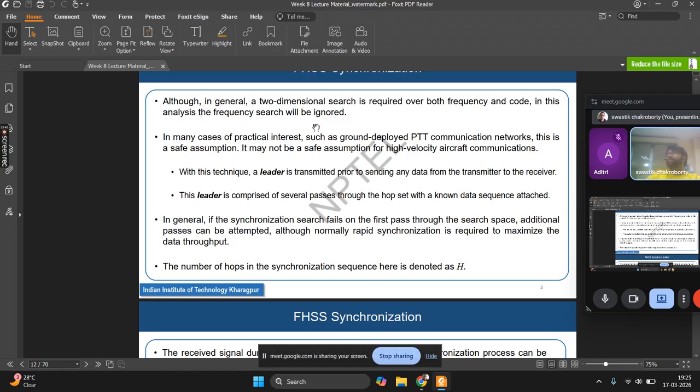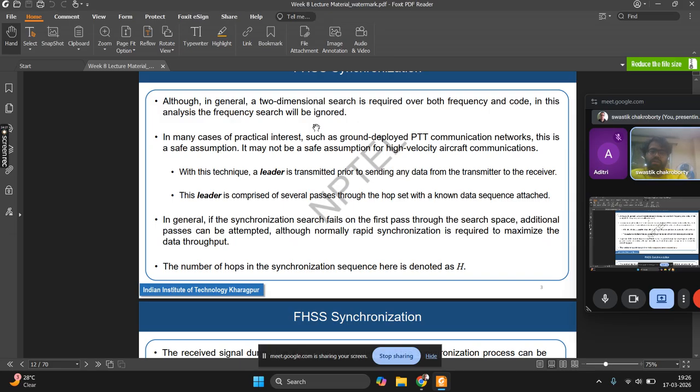But it is understood that because the range is 5 to 10 megahertz, you won't simply get 1 gigahertz or something. You will get something between 5 to 10 megahertz. So you do not need to do a frequency search. But in many cases, a frequency search is necessary, an example might be high velocity aircraft communication.